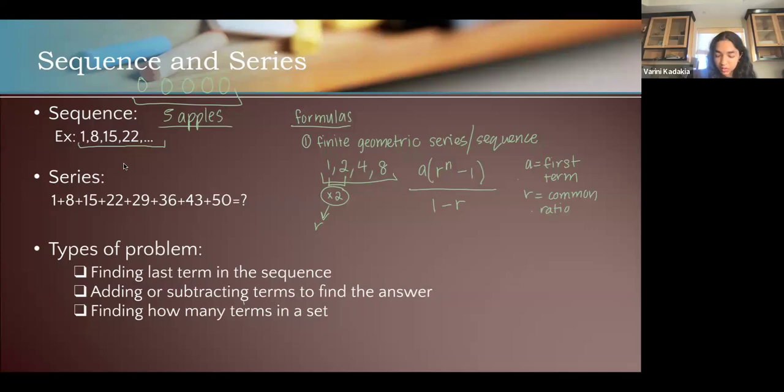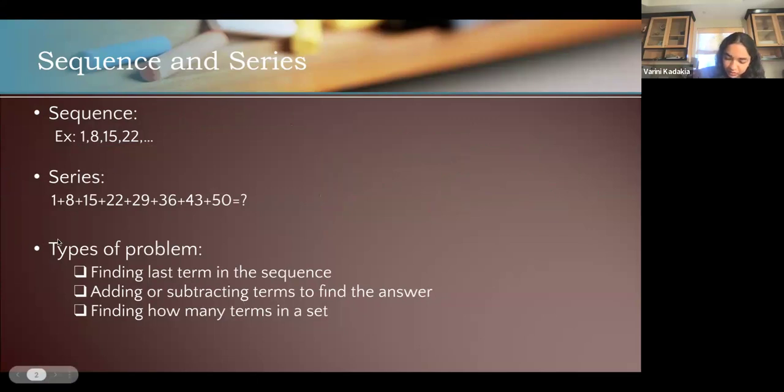Okay, so let me go over the definitions again, and then we can continue with the formulas. There are a couple of main definitions we should go over. So first, sequences. Did everyone understand what a sequence is?